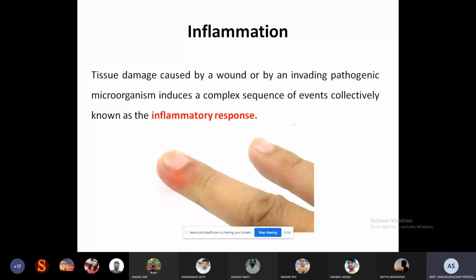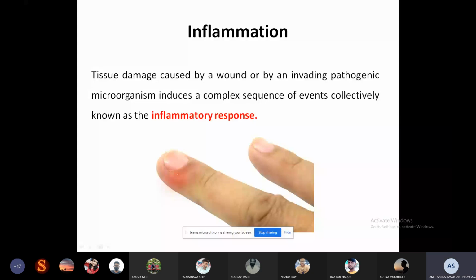There's a chance that accidentally this person got hurt at this portion of the finger, or maybe there is some opening in the nail area through which some microorganism entered. Either by a wound, or by an invading pathogenic microorganism, or the microorganism invaded due to the wound, a complex sequence of events takes place. We will not go into those complexities, but that is called the inflammatory response.